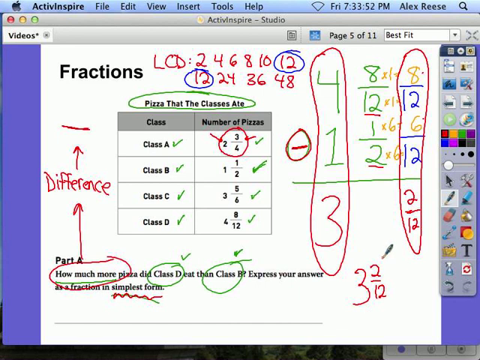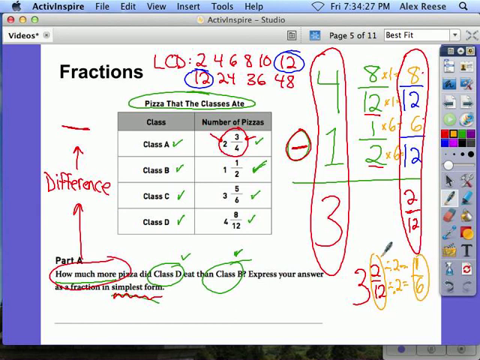I have a fraction, or a mixed number, but I don't have it in simplest form. In order to get the correct answer here, I would have to divide to put this fraction in simplest form. I roll my 10s, and that doesn't work. I roll my 9s, nope. 8s, nope. 7s, 6s, 5s, 4s, 3s, don't work. But when I roll my 2s, I hit both 2 and 12. 2 divided by 2 is 1. 12 divided by 2 is 6. So now I can rewrite 2/12 as 1/6.